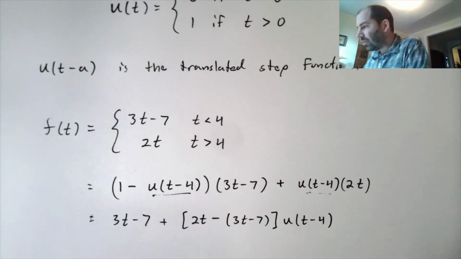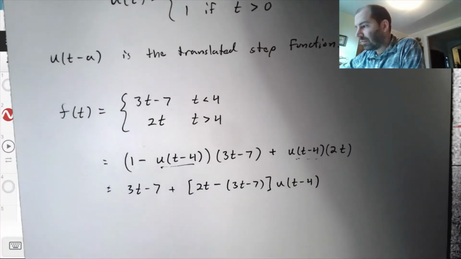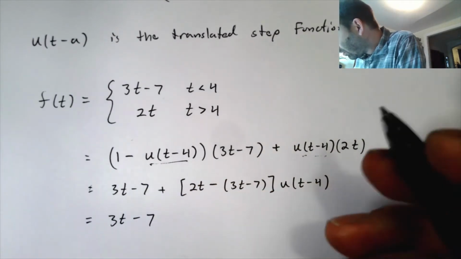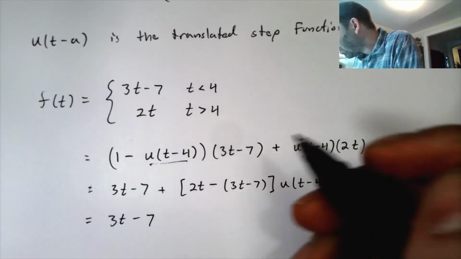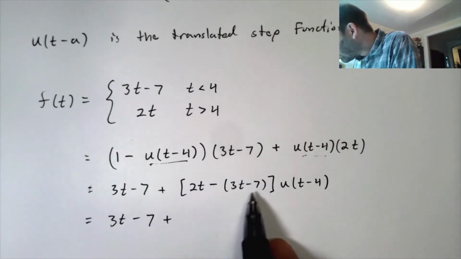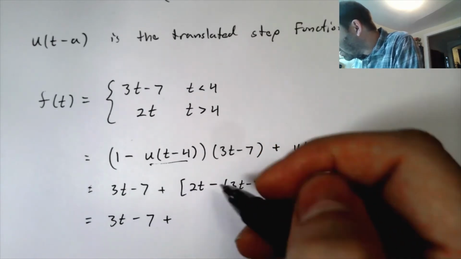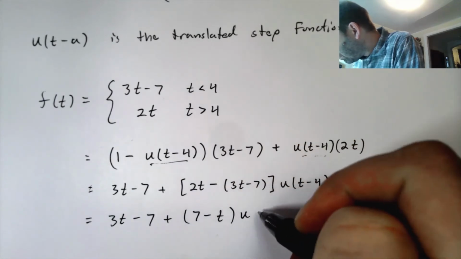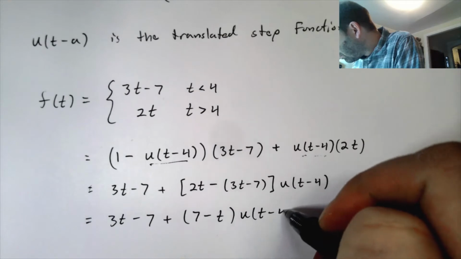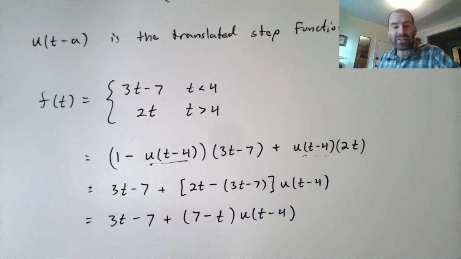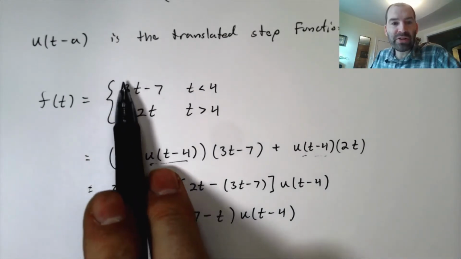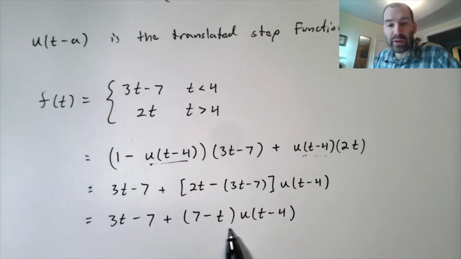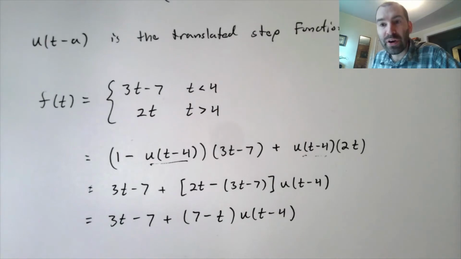And now I can do a little bit of simplification here. Looks like I'm getting 7 minus t in there. And so what we're able to do is write a function that we would ordinarily write piecewise using this notation all in one line using step functions.